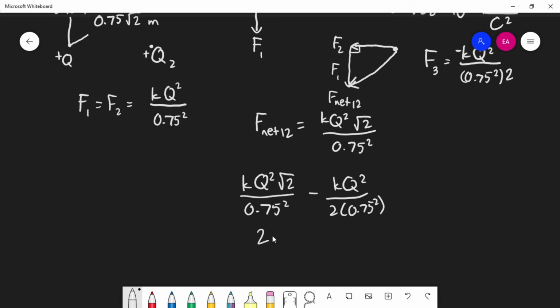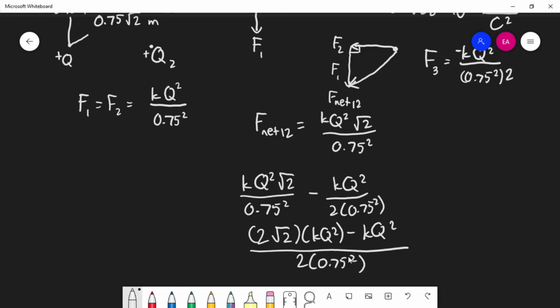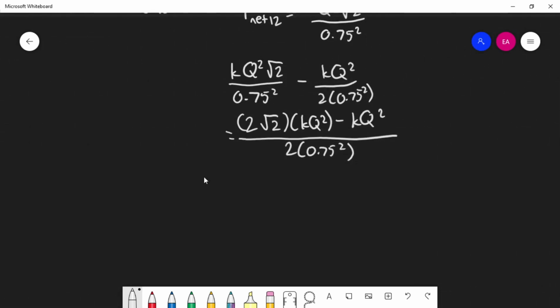This becomes 2 square root of 2 times kQ squared minus kQ squared all over 2 times 0.75 squared. Simplifying this further, we can factor out kQ squared, and this becomes 2 square root of 2 minus 1 all over 2 times 0.75 squared.